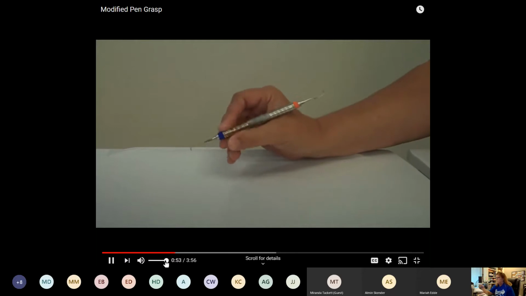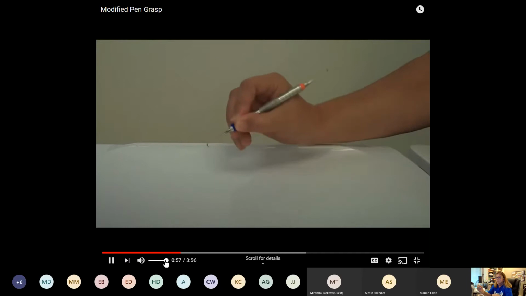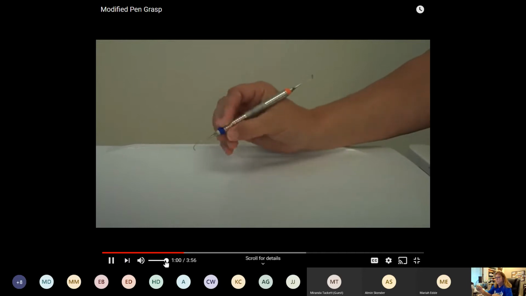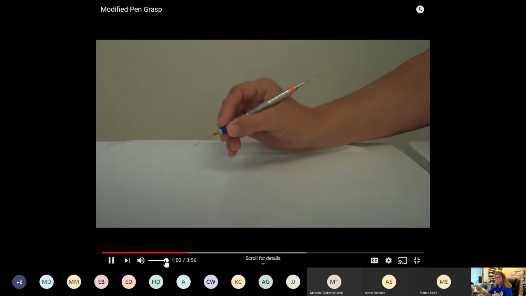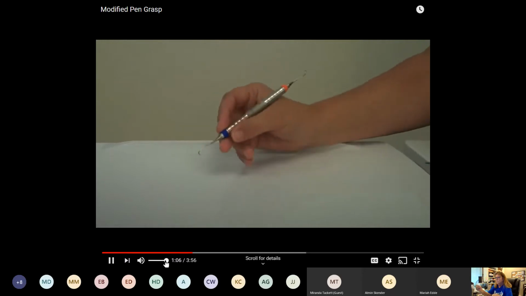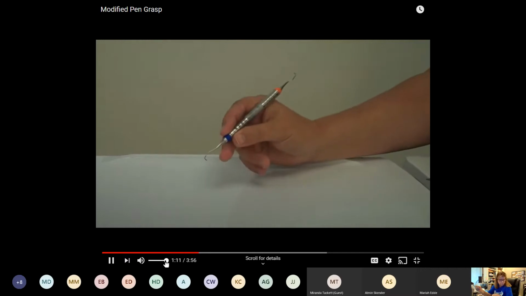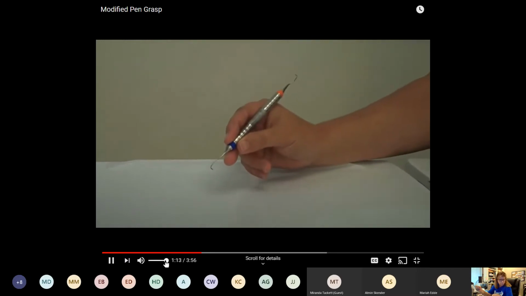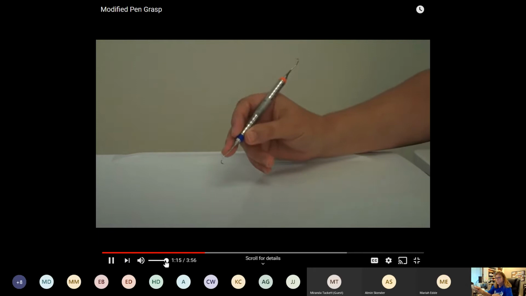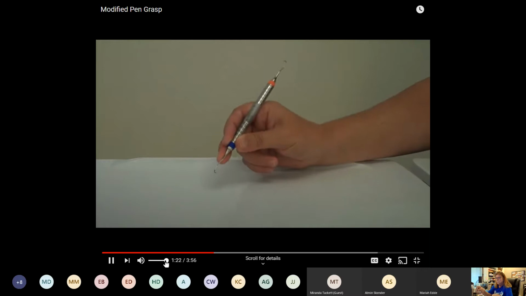Too often, a common mistake is students get their fingers real close together like this, which means you don't have the ability to roll that instrument. So first you have to have your thumb and your index finger apart, and a modified pen grasp. Now the difference is you're going to take your middle finger from the bottom and move it so that the pad, instead of the side, the pad of that middle finger is on the shank of the instrument.